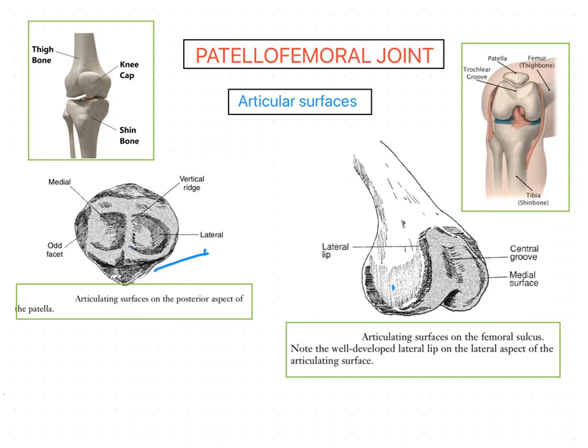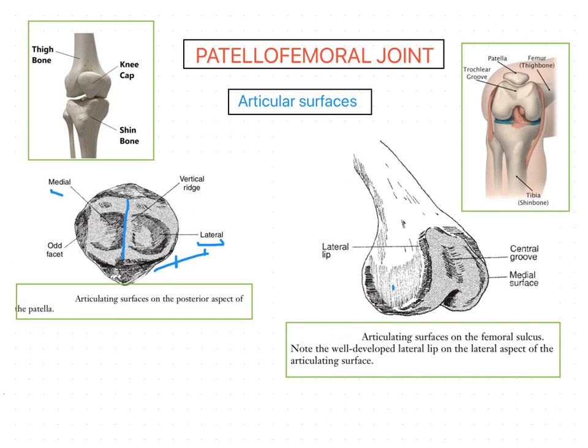The posterior surface of the patella is covered by articular cartilage, and this is divided into almost equal parts by a vertical ridge, into lateral as well as medial parts.